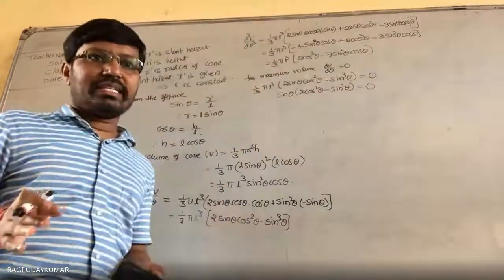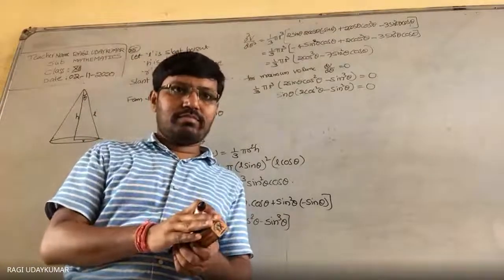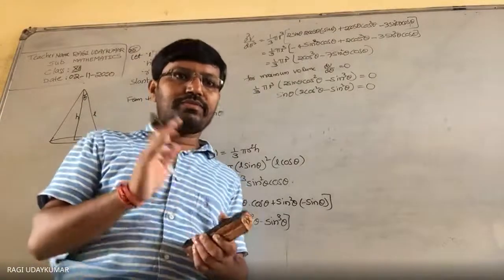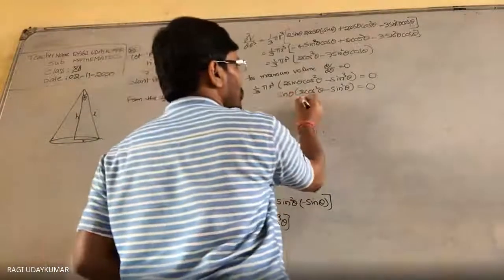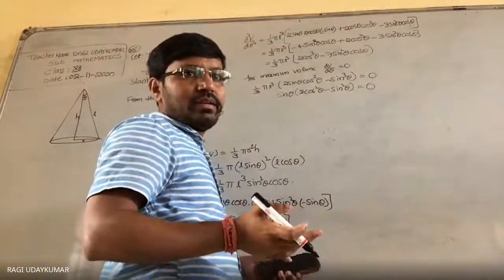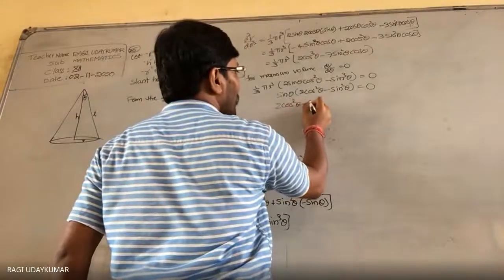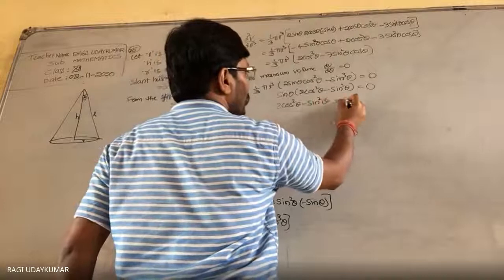Actually, the question is given to you in terms of tan, you need it in terms of tan. So this implies you can take into consideration that 2 cos square theta minus sin square theta is equal to 0 आ जाएगा.